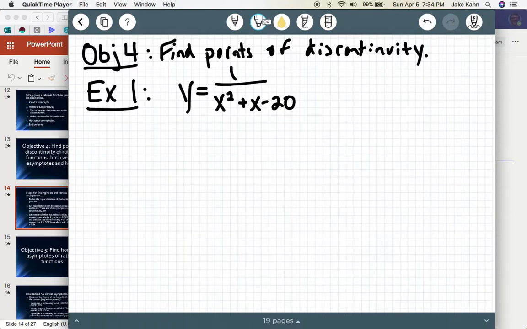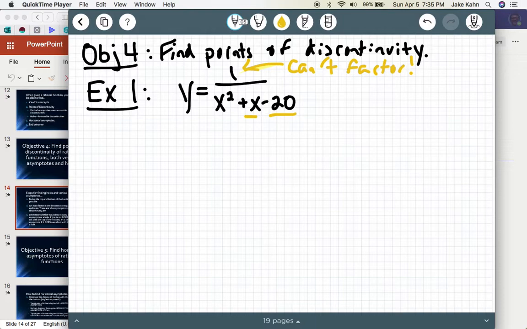First of all, step 1 is we factor the top and bottom. The top of our rational function right here, we can't factor that. It's just a 1. However, x squared plus x minus 20, we definitely can factor that, right? What two numbers multiply to give me negative 20 and add to get 1?